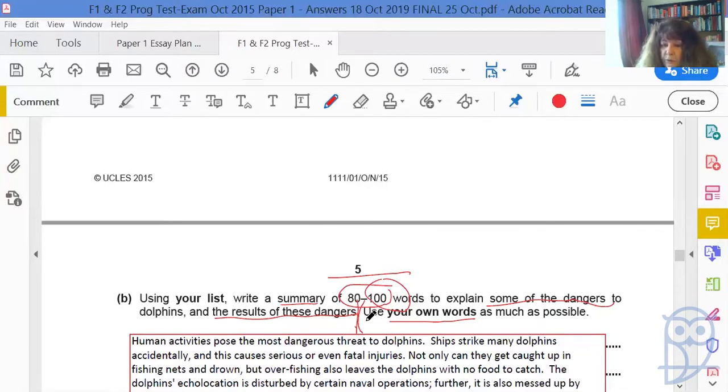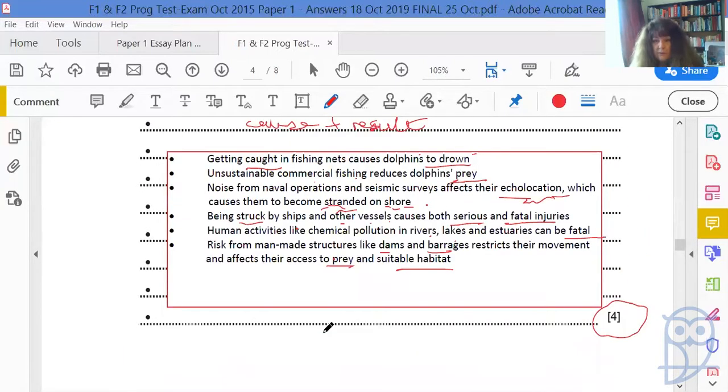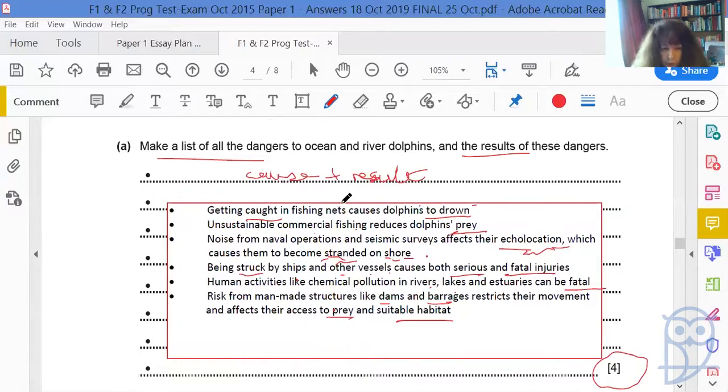Then it says, use your own words as much as possible. Sometimes it's not possible to use different words. I mean, we can't use a different word for a dolphin, for example, or a dam or a barrage. Okay, so what you now need to do to get your points is you only concentrate on what you've written here, the causes and the results.